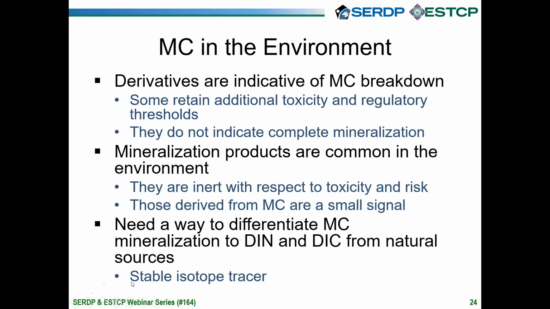And this is where the stable isotope tracer techniques come in, because it allows us to uniquely differentiate the mineralization products that were derived from the decomposition of munitions constituents from all of the countless numbers of natural sources that are producing the same thing.